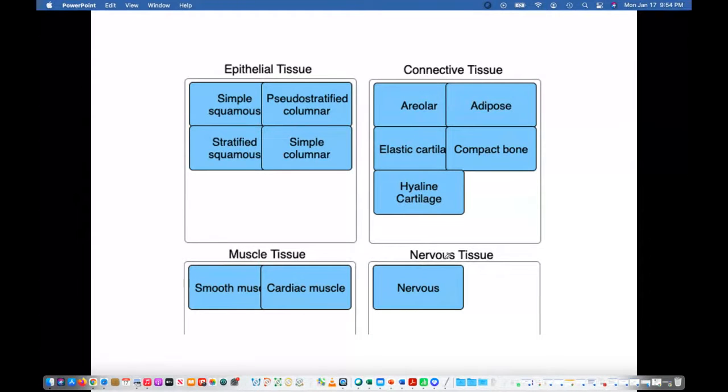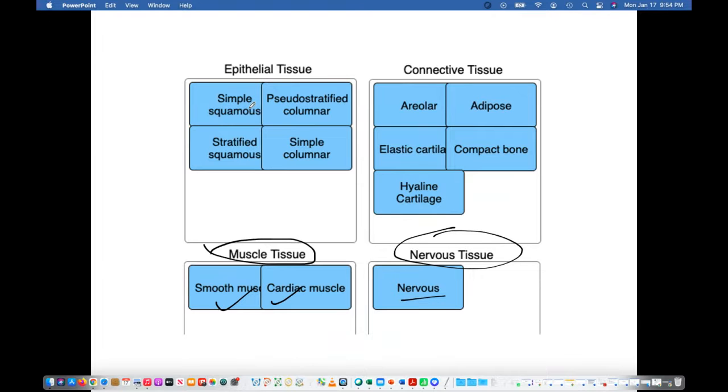Again, drag and drop. So the easiest one to knock out of the way is muscle. Muscle was cardiac muscle, smooth muscle, and even skeletal muscle. Then nervous goes with nervous tissue. That's pretty easy. And then epithelium, remember, anything with simple or stratified goes with epithelium. And then the shapes could be squamous, columnar, or even cuboidal.